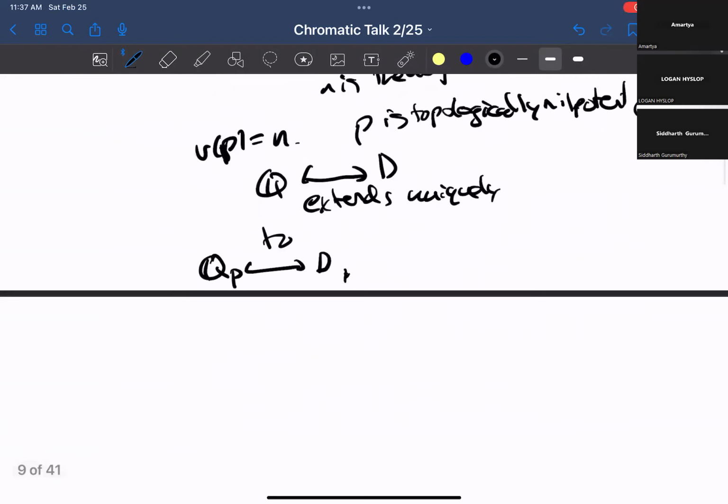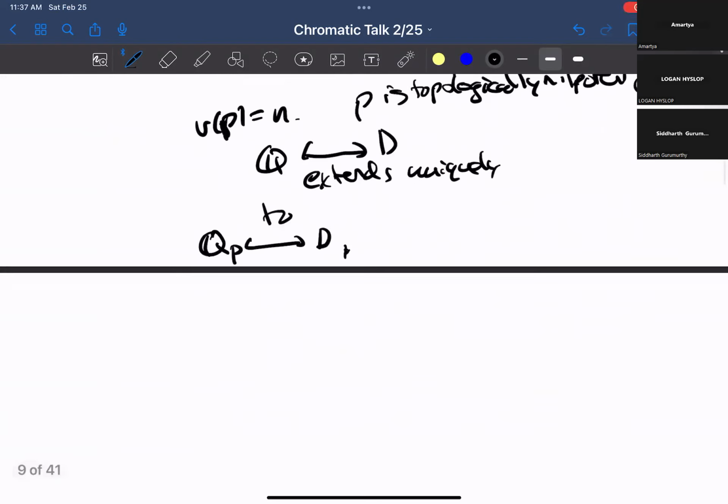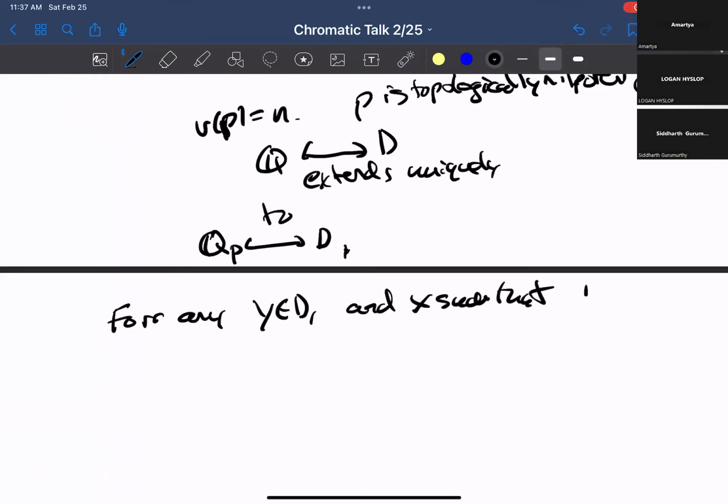Okay. And now we note that for any y in D and x such that x has valuation 0, the valuation of y x y inverse is equal to 0.